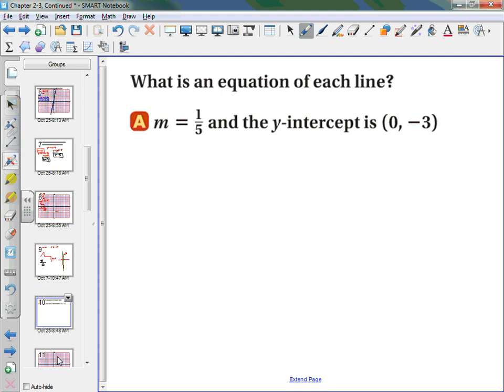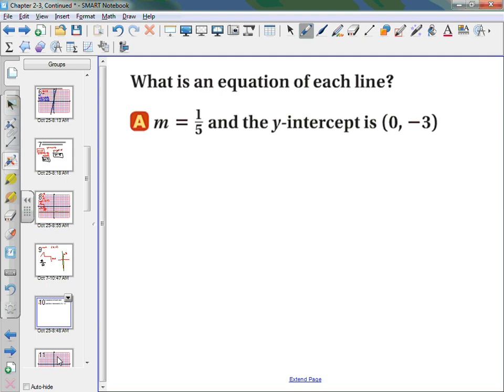Okay, what is the equation of each line if the slope is 1/5 and the y-intercept is 0, -3? I want the equations.